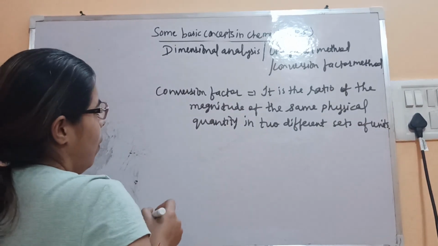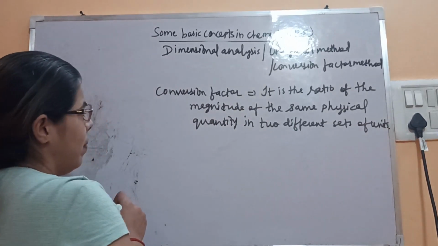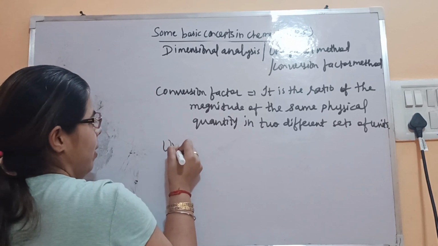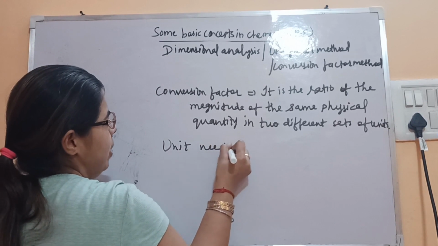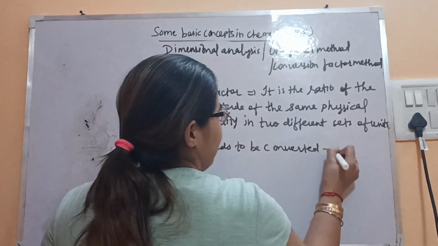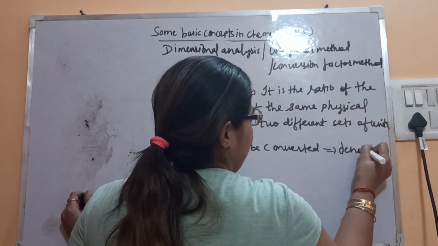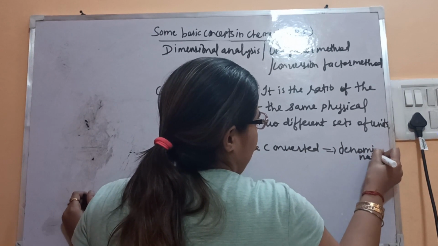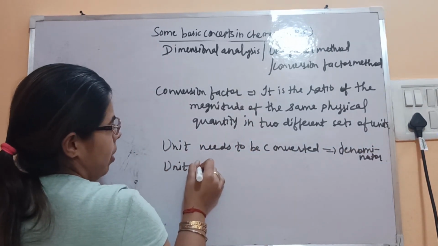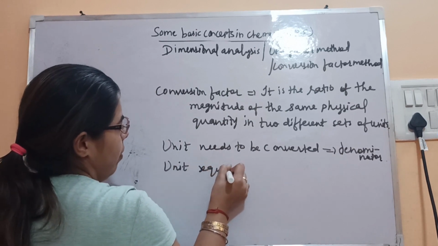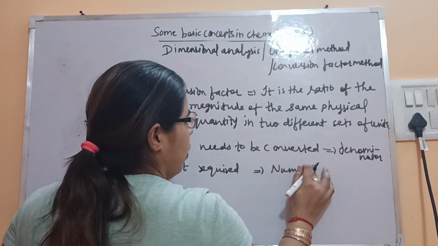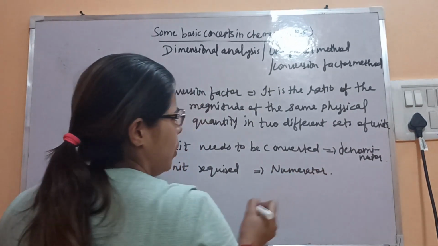Fine. So how will we do the unit conversion? The unit which needs to be converted has to be taken in the denominator, and the unit required in the numerator.